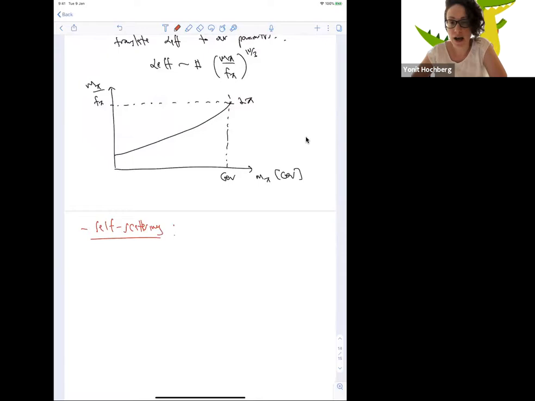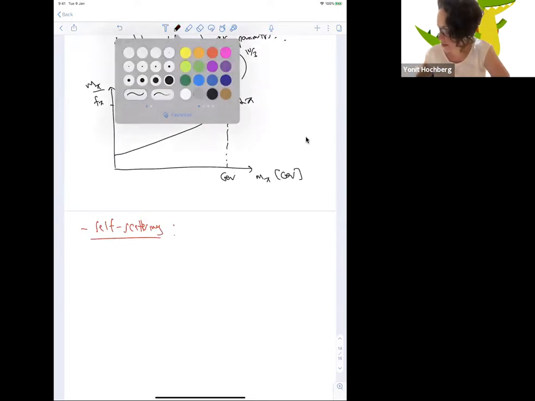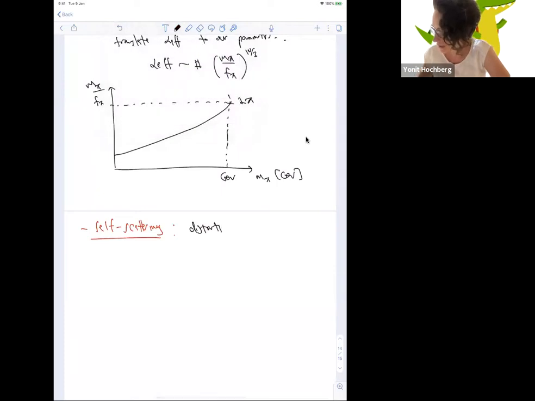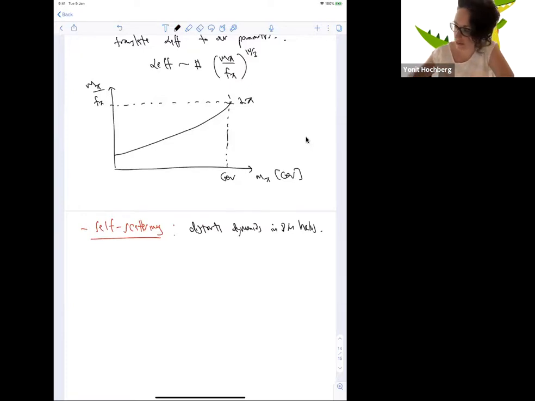If you remember at the beginning of our time together yesterday, maybe the second or third thing that I said we know about dark matter is that it shouldn't too strongly self-scatter, because that distorts dynamics in dark matter halos. The reason we're discussing this here is that if you have theories with these strong 3-to-2 self interactions, you'd expect unsuppressed 2-to-2 self-scatterings as well. So this is a point that needs to be addressed over here.